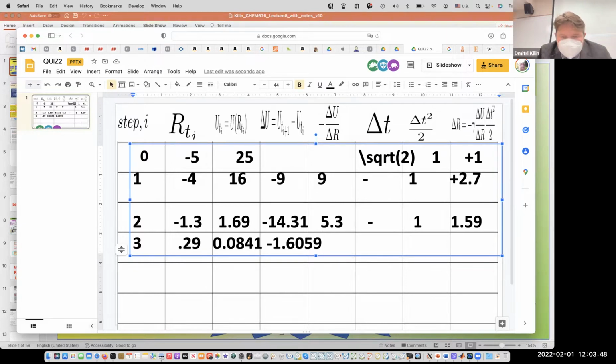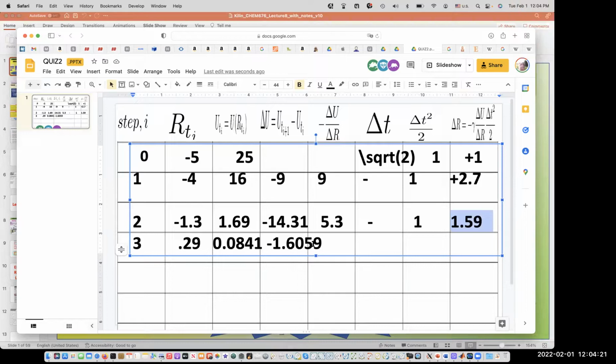Now let's compute the gradient. So this number over the increment of position. So this number divided by 0.29... by 1.59. And next in my list is Laura. So this number divided by this number. It should be very close to 1, right?